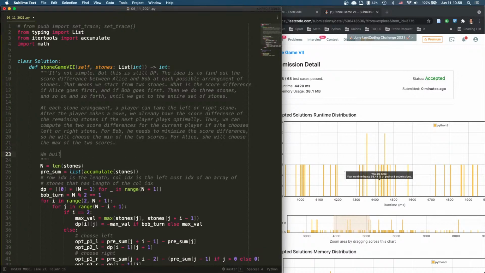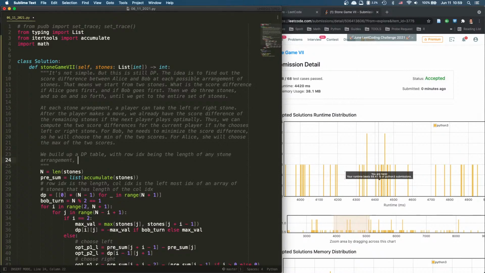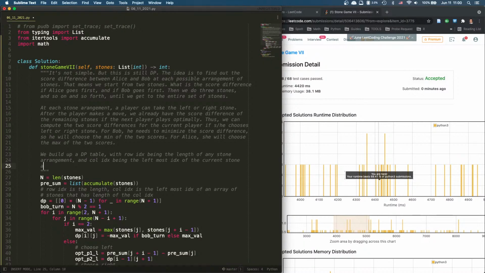We build up a DP table with row index being the length of any stone arrangement, and column index being the leftmost index of the current stone arrangement.